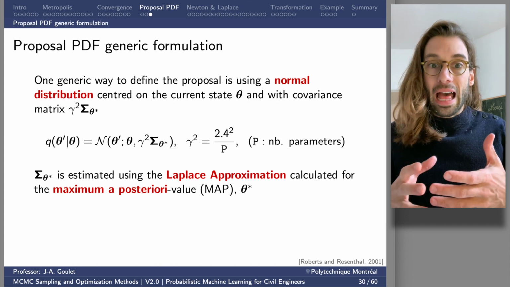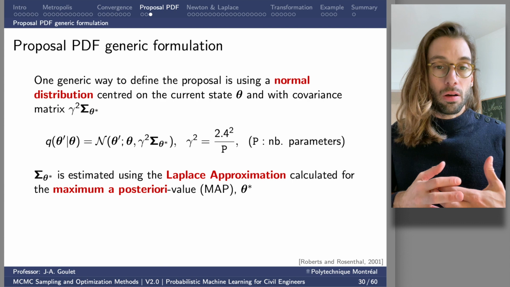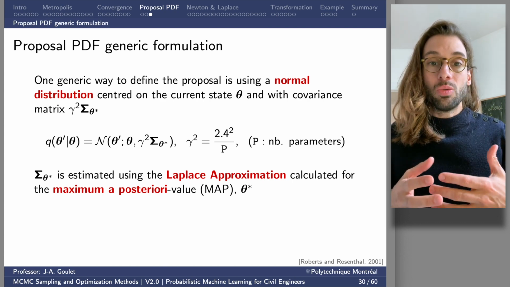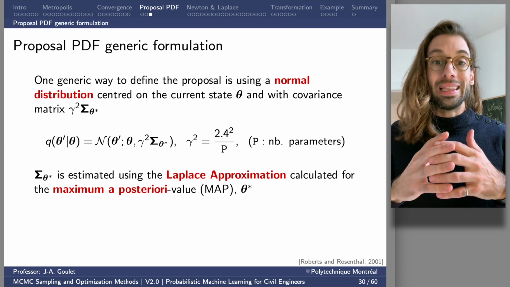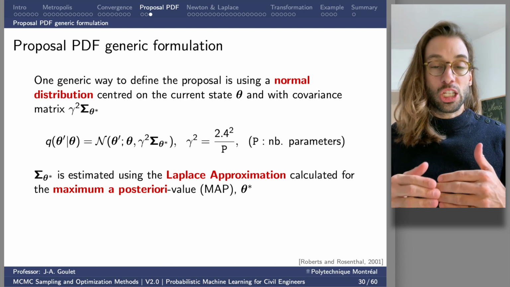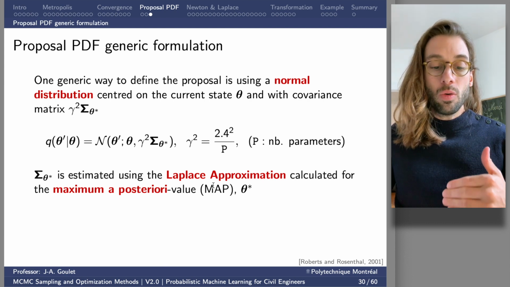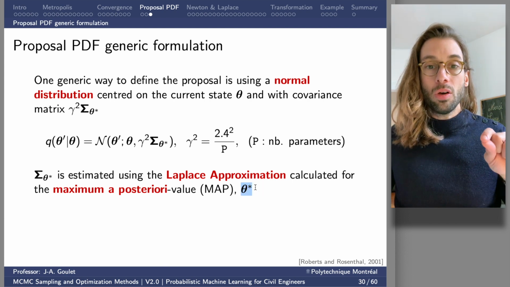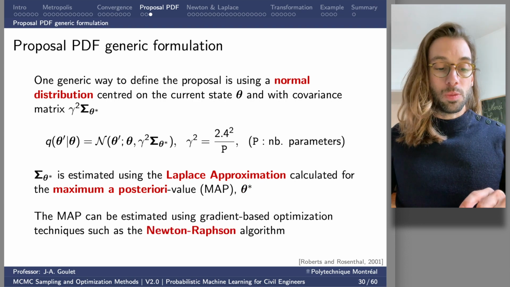And here, the question is, how do I estimate this covariance matrix? Okay, what we're going to see next is that we can have access to it relatively easily using what is called the Laplace approximation, calculated at the maximum a posteriori value, MAP, meaning the parameter value that maximizes my unnormalized posterior.